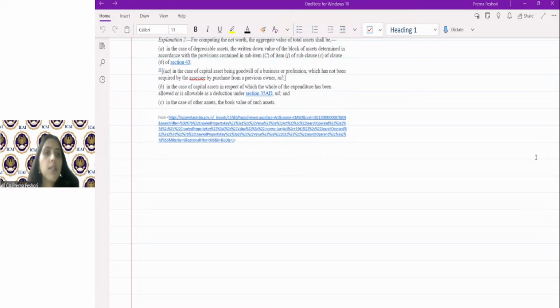What is remaining in the capital gain is the computation aspect. That's what I'm going to cover with you now, so that we'll quickly cover. And then income from other sources is a very small topic, so that we will cover. And if something remains, we can cover that in the next class as well. So let's get quickly started.